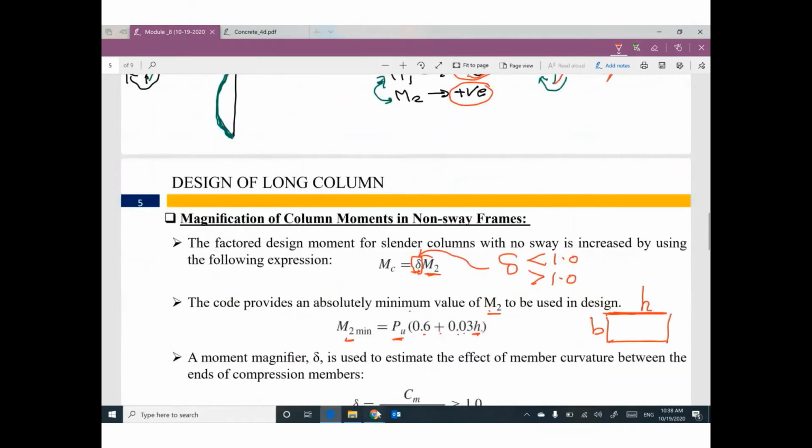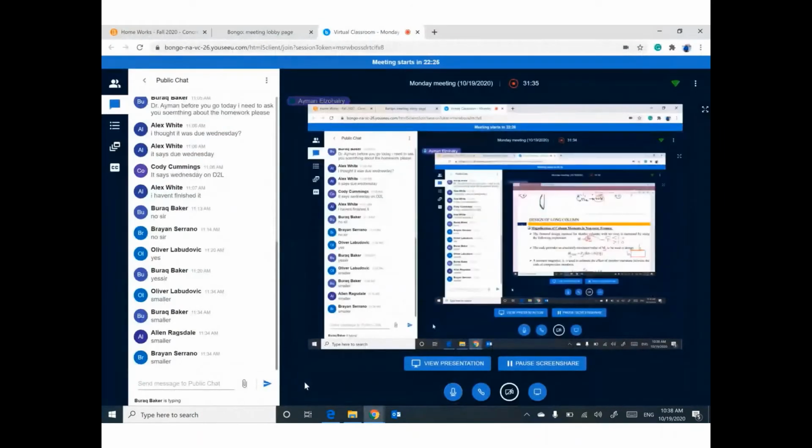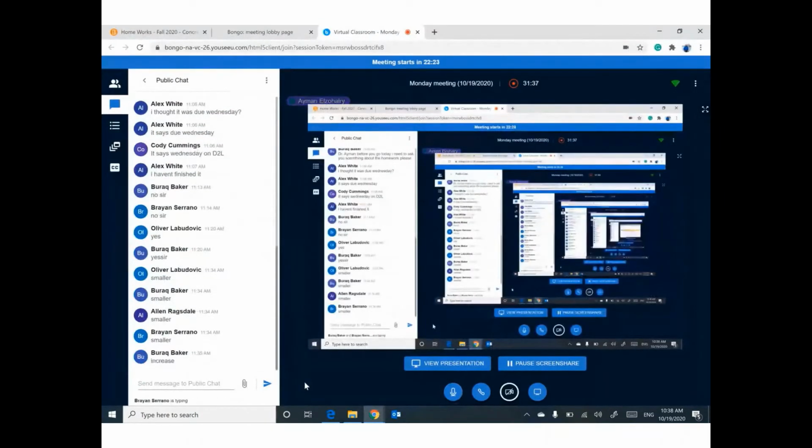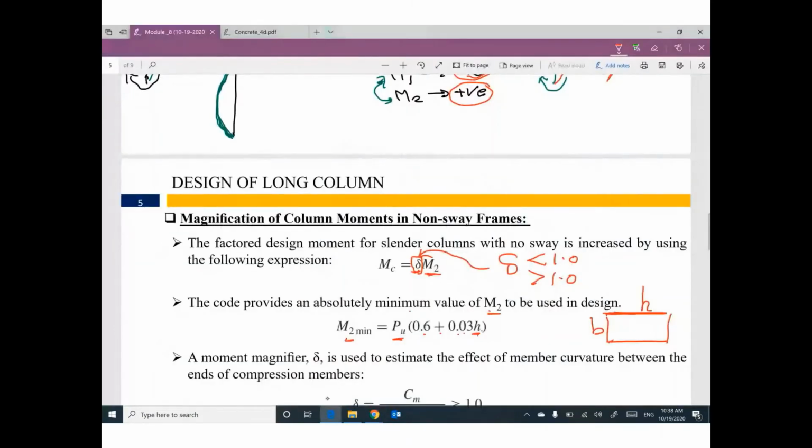What do you think? Yeah, increase. So this is the moment on the column, because it's part of a frame or any reason. This is the moment on the column without the effect of buckling.